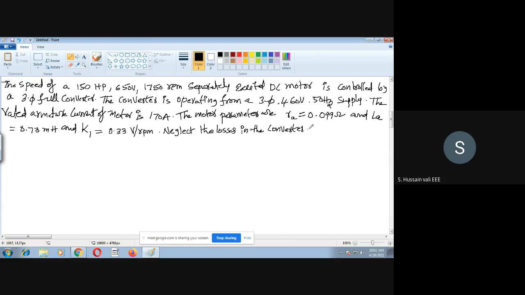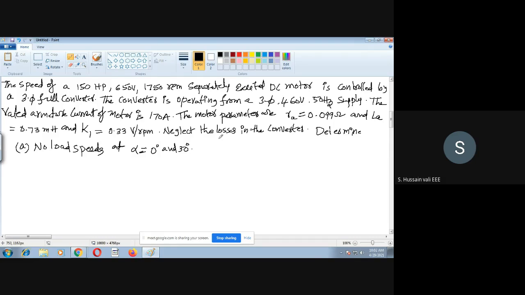Determine the no load speeds at alpha equal to 0 and 30 degrees.